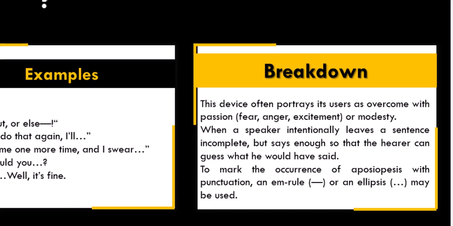A speaker intentionally leaves a sentence incomplete, but says enough so that the hearer can guess what he would have said next. Aposiopesis is usually marked by punctuation such as the em rule, that is a long dash, and the ellipsis. The ellipsis is often used to indicate aposiopesis.